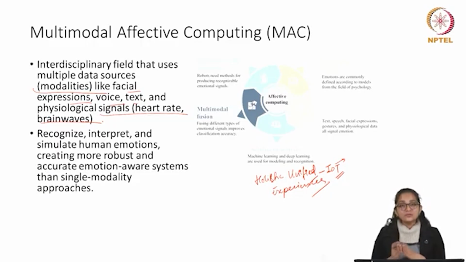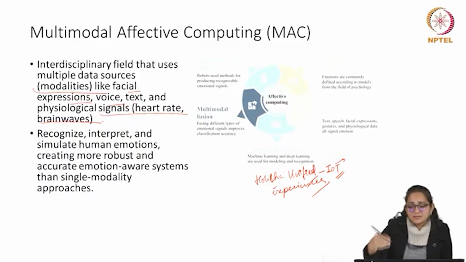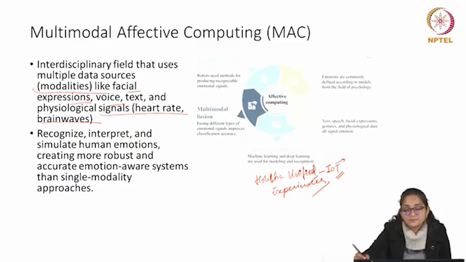In order for the system to be emotional and context aware about its users, there have to be other physiological signals such as EEG signals, heart rate signals, and all of those, so that the system can respond in an appropriate manner. So, what are the basic fundamentals of affective computing?